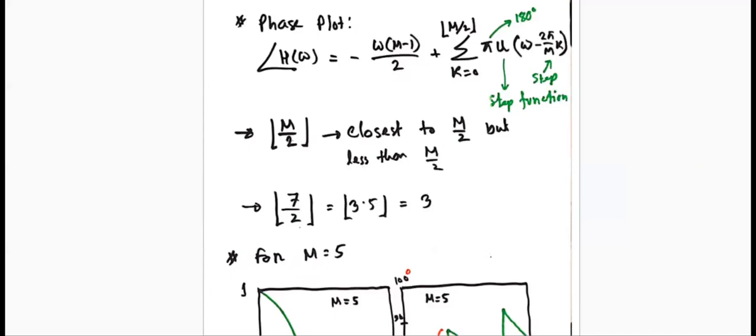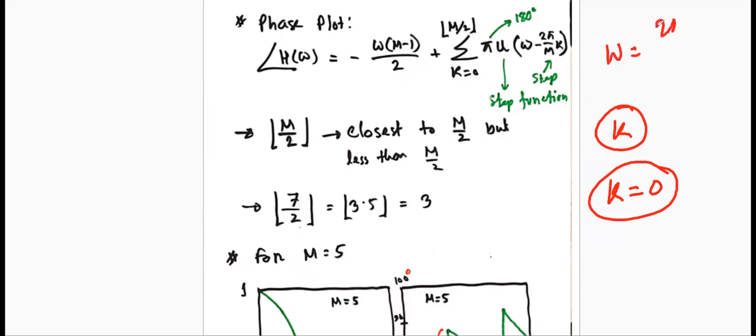The question your friend asked me is what should be the value of k, or the range of k. Of course, for k equal to 0, we need to neglect that, because omega is equal to twice pi k divided by m. So for k equal to 0, omega equals 0.